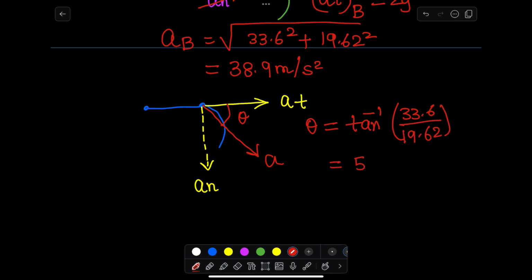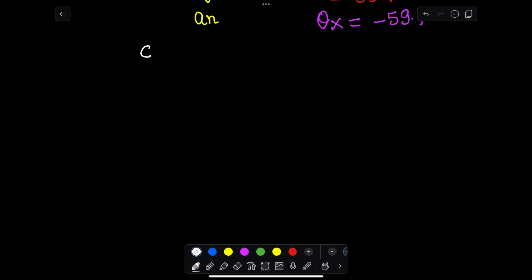Put these values in and take tan inverse, and you will get theta as 59.7 degree with respect to the x-axis. The angle is in clockwise direction, so we will write minus 59.7 degree with respect to the x-axis.